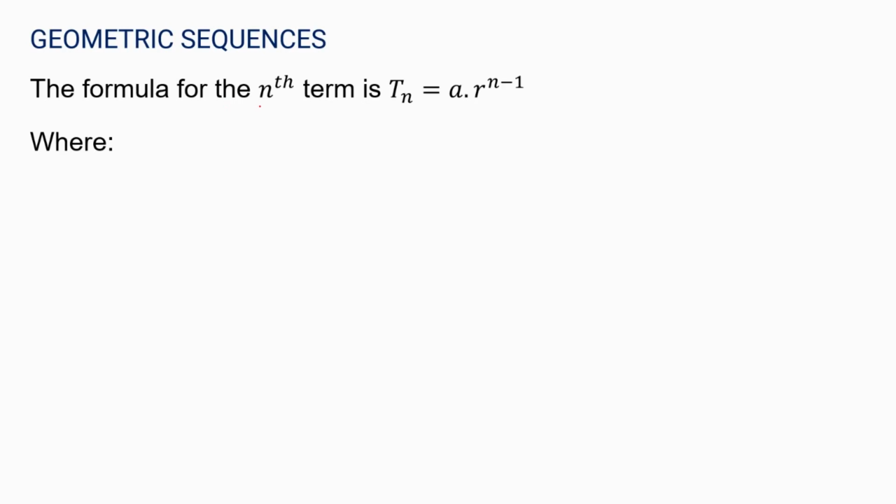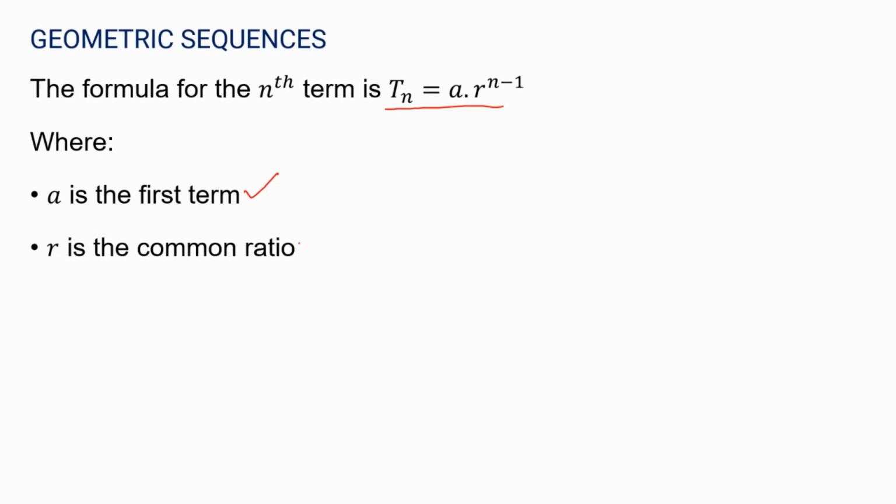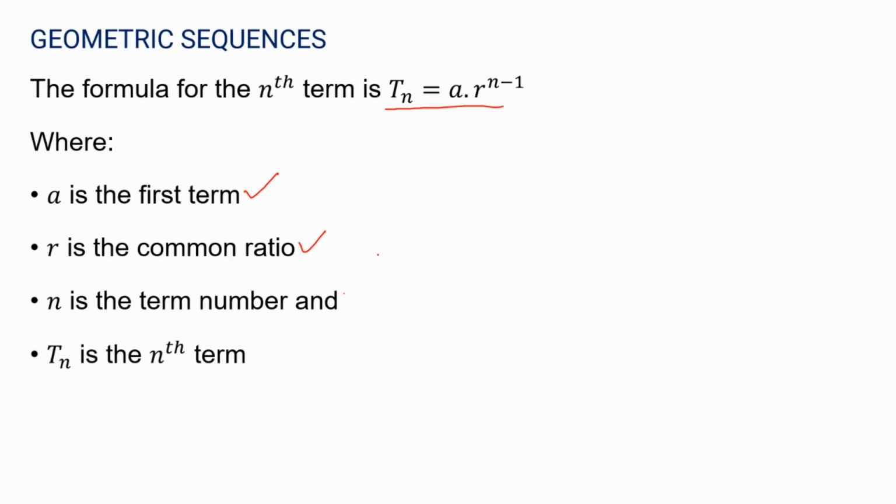The formula for the nth term for a geometric sequence is Tn is equal to a times r to the power n minus 1. Please remember that a is the first term of the sequence, r is the common ratio, n is the term number, and Tn is the nth term, just like in the arithmetic sequences.